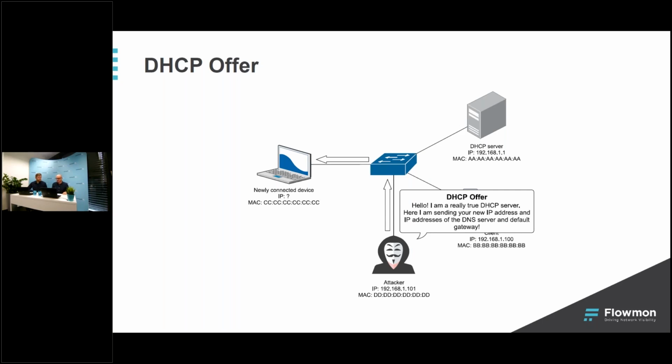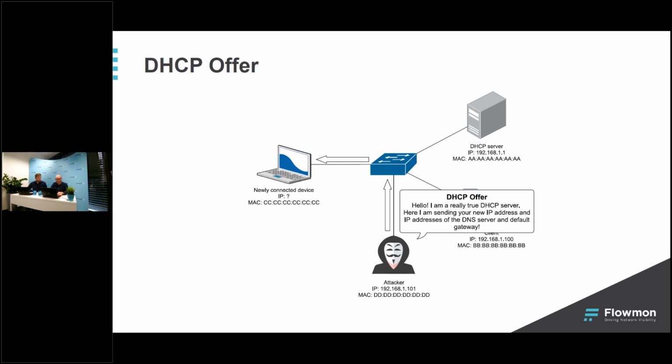And then what is important, he sets his own IP address as the IP address of the default gateway, which means all the packets to the internet are sent to me, to the attacker, and also the IP address of a DNS server optionally, and he can also set this to his IP address.